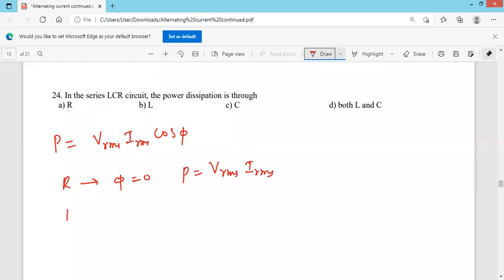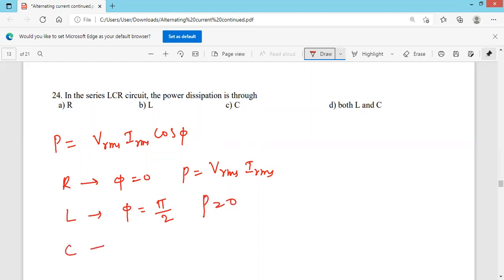In the inductor, the phase difference between current and voltage is pi by 2. The voltage leads the current by pi by 2. In case of an inductor, current lags and voltage leads by pi by 2. As a result, cos 90 is 0, and power is equal to 0.